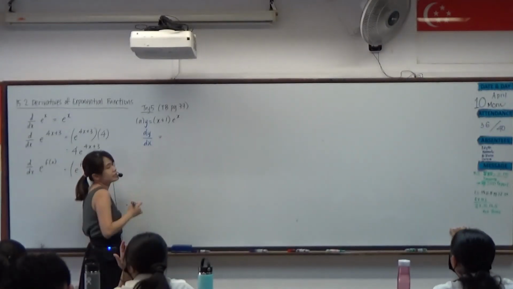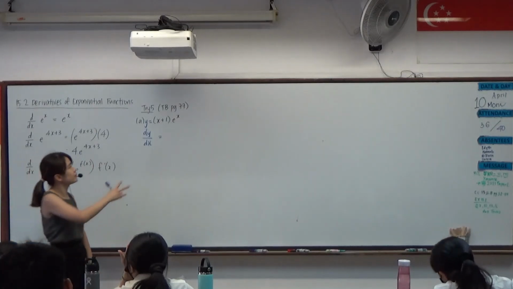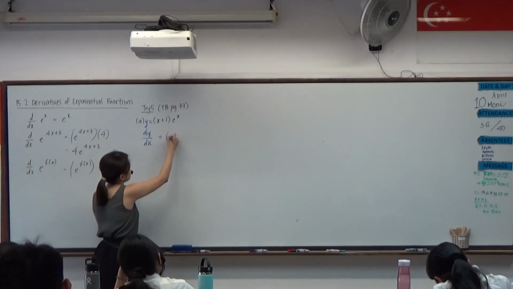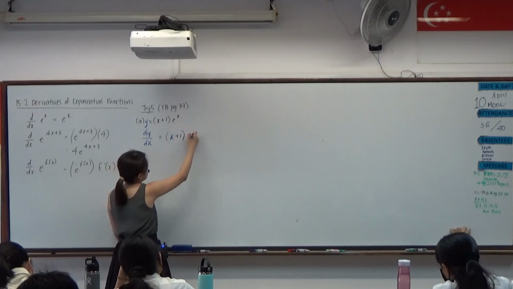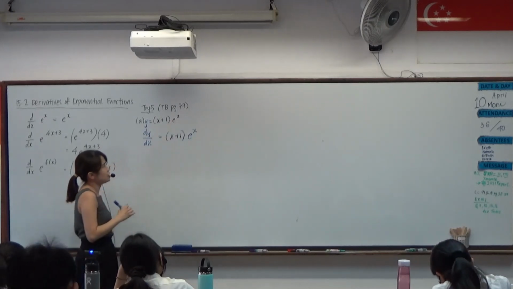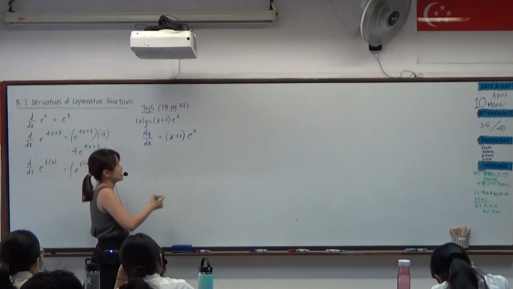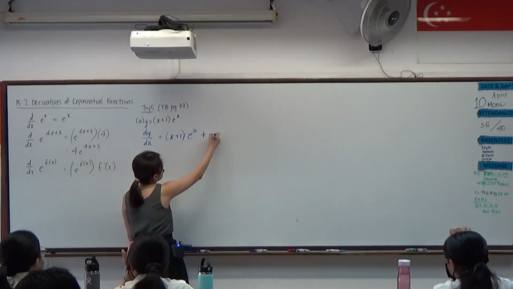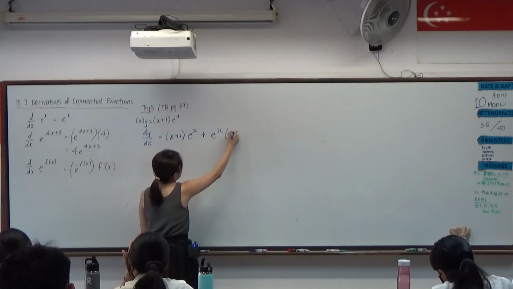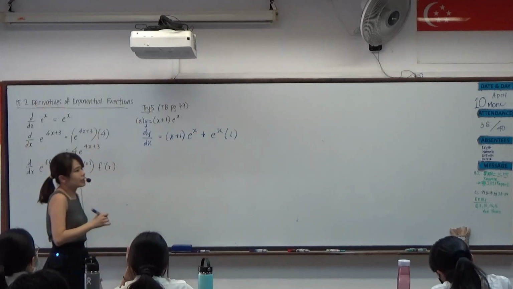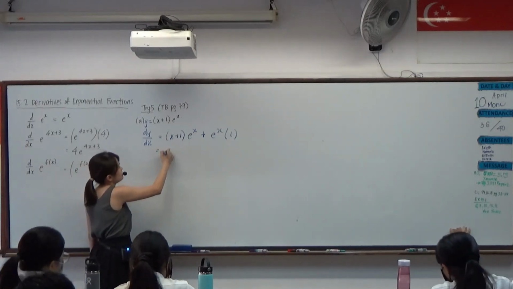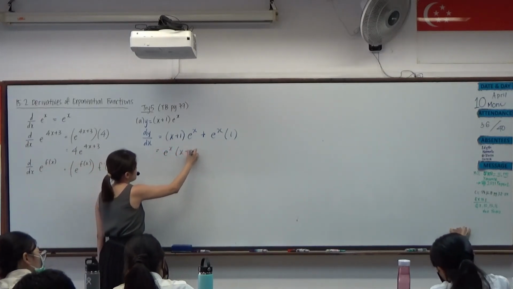By doing our product rule, keeping the left side, differentiate the right, because we differentiate e to the power of x, we get e to the power of x itself, followed by adding, keeping the right side, differentiate the left side, we will get 1. And this can be simplified to this.